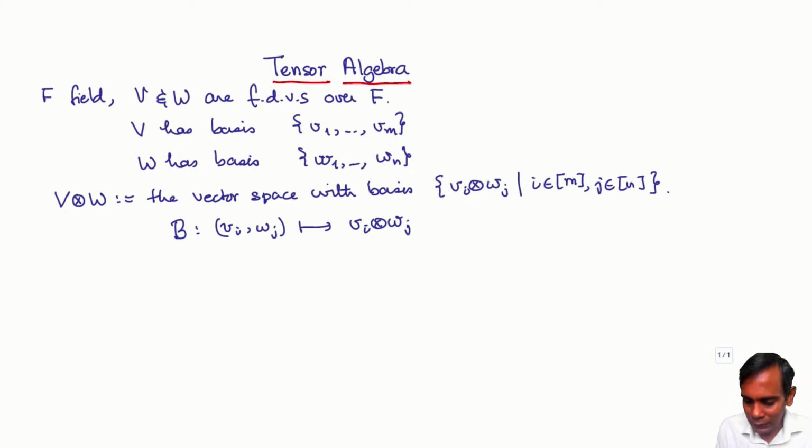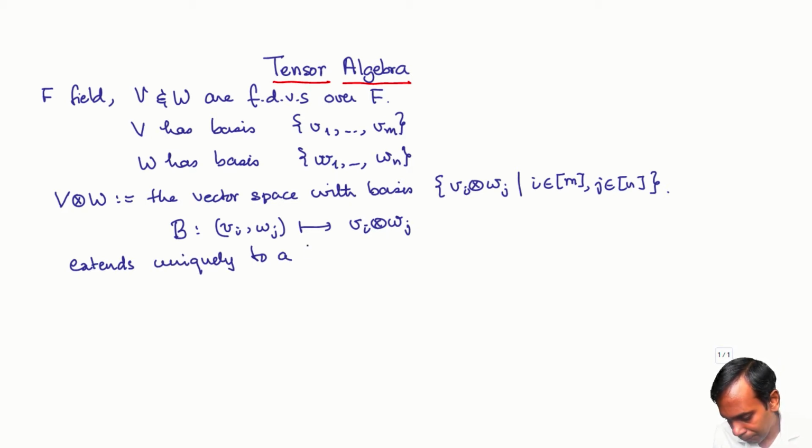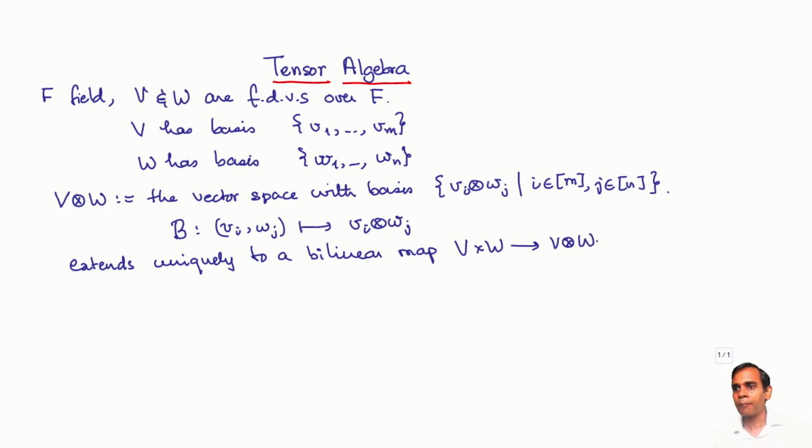This extends uniquely to a bilinear map from V cross W to V tensor W. So V cross W is just the Cartesian product of the vector spaces V and W, and so we think of it as pairs, one element in V and one element in W.